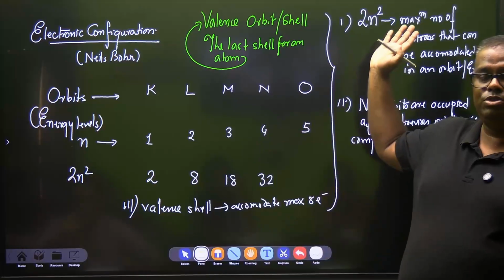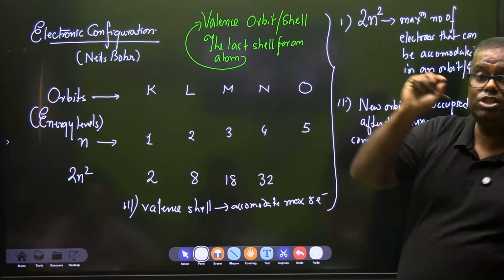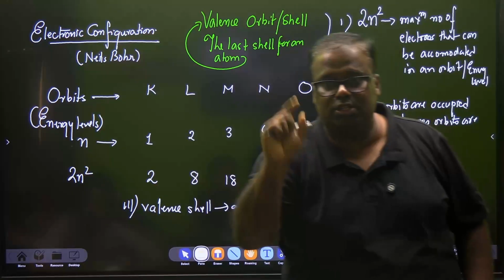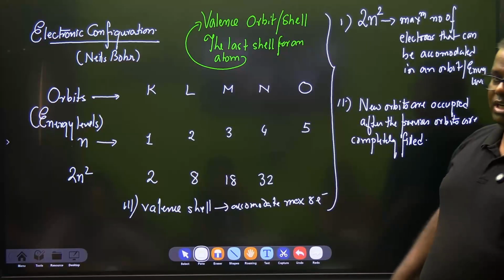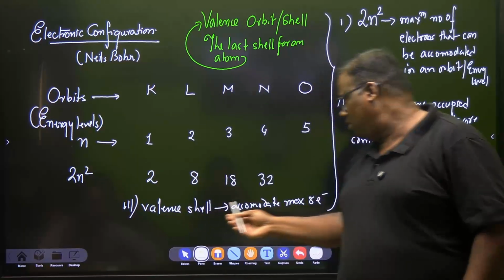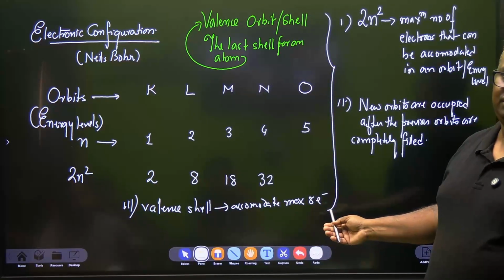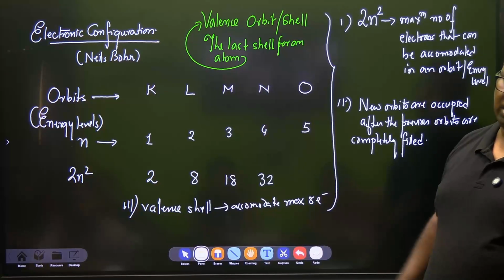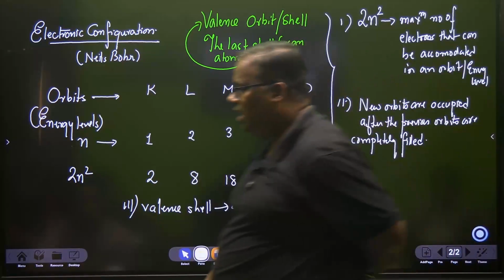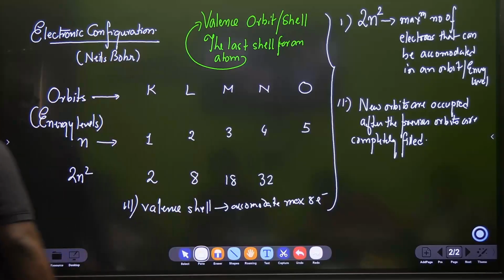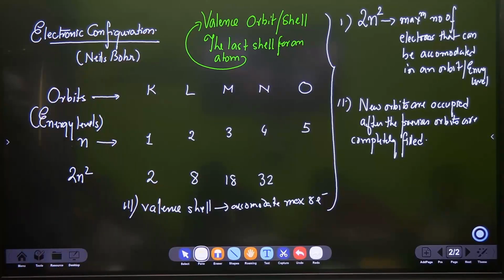Electrons are filled using the rule 2n squared, which tells how many maximum electrons can be accommodated, with the condition that the valence shell can have only 8 electrons.